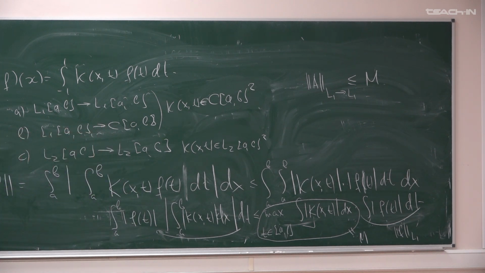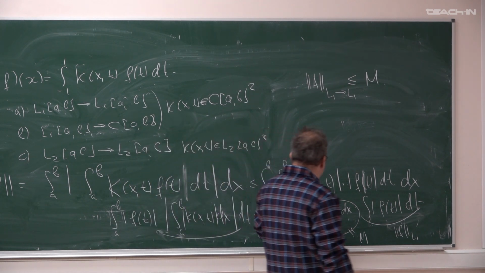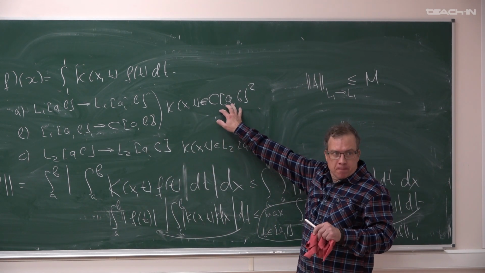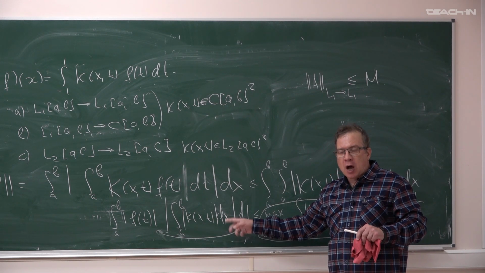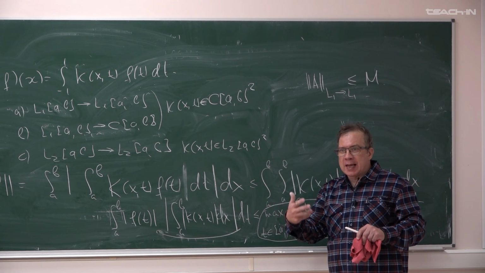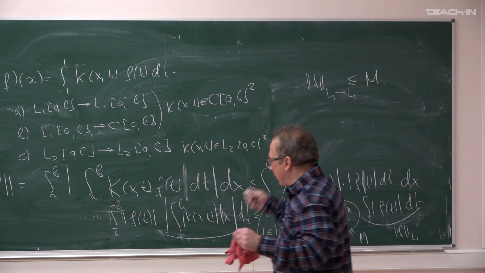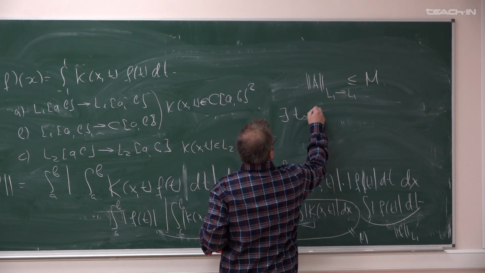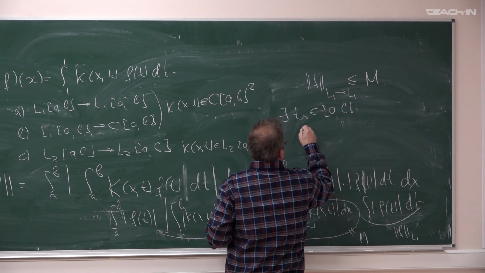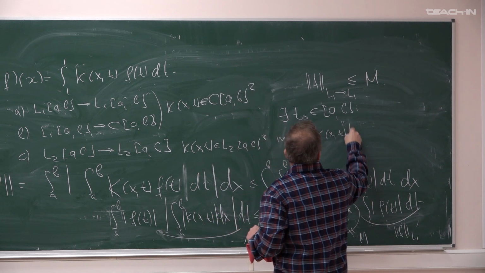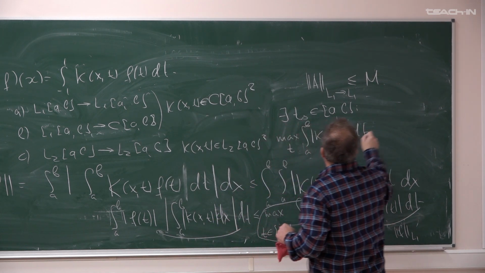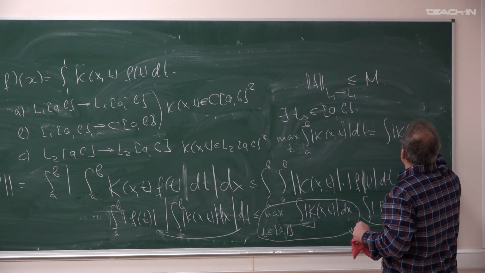And now, again, we must analyze on what function we can obtain this formula. What do we know about the function capital K? It is a continuous function. The integral on one variable is a continuous function too. It is a continuous function of variable t. So what can we say? There exists a point, for example, t0, such that this is the point in which we realize this maximum.